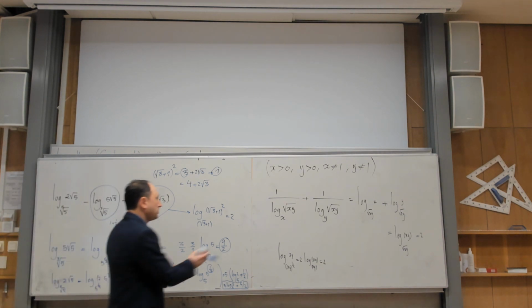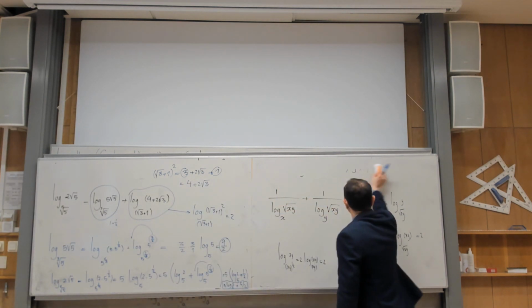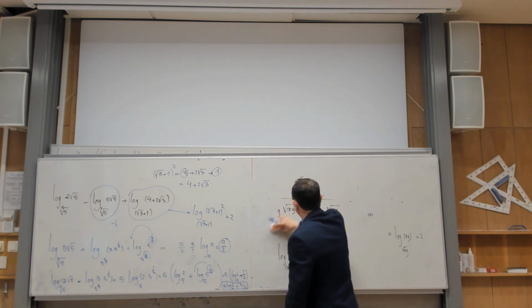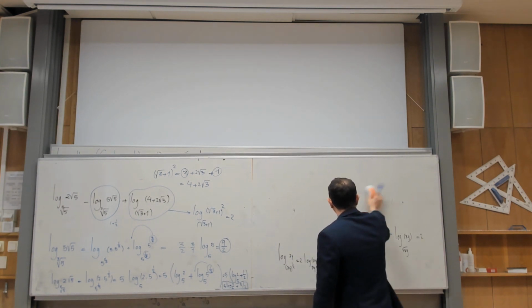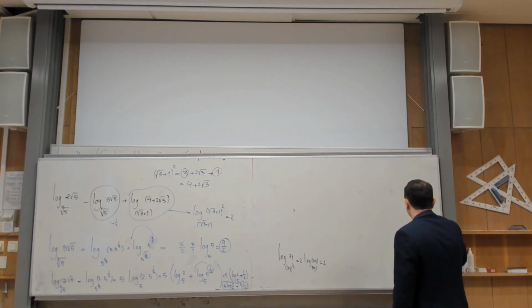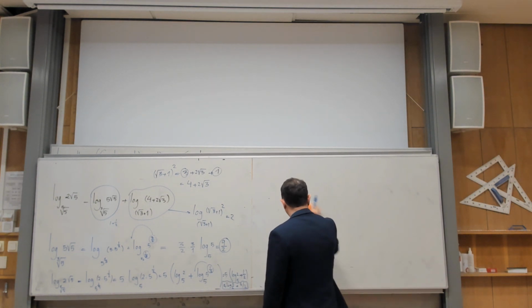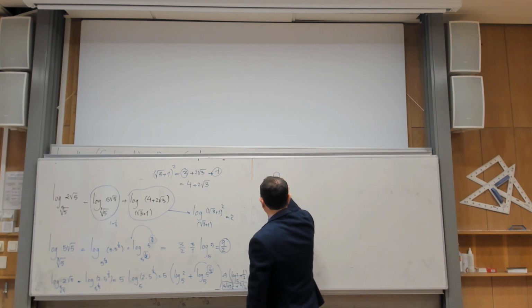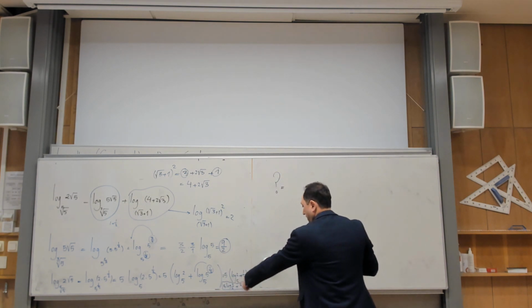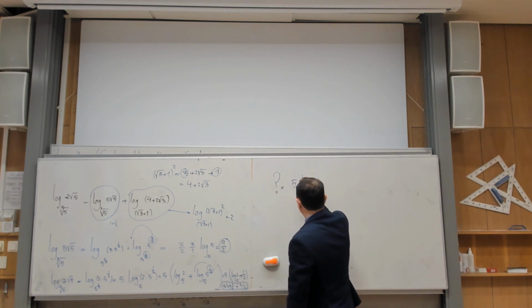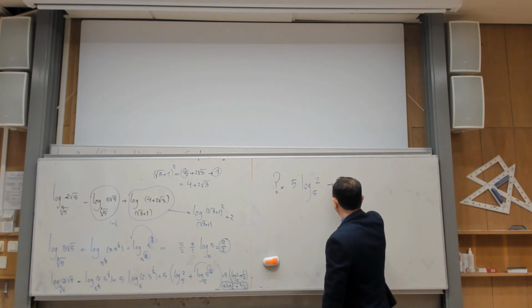Okay, but let me just combine everything now. So the question mark finally, and by the way, I would consider it a success, yes, because I have simplified it quite well. So this question mark becomes equal to, the first number is 5 logarithm of 2 to the base 5, and then plus 5 over 2.